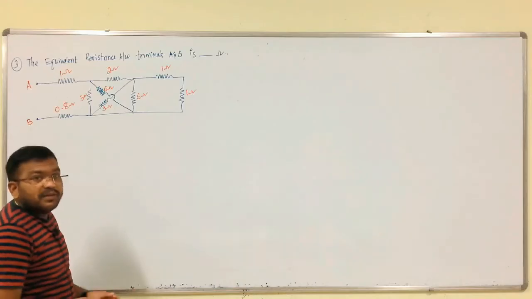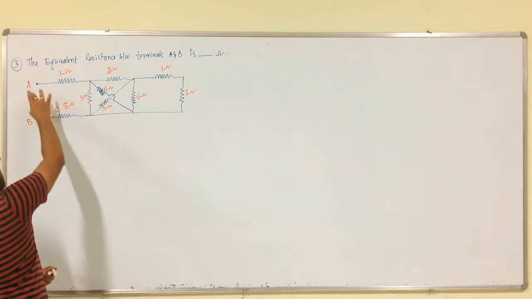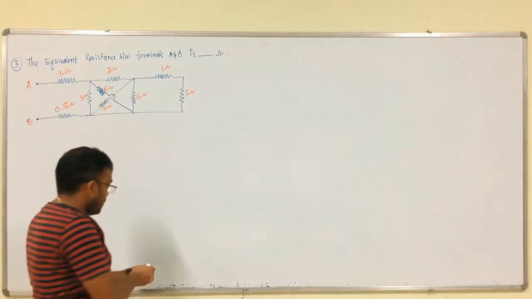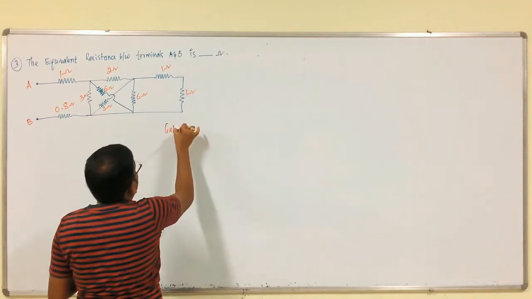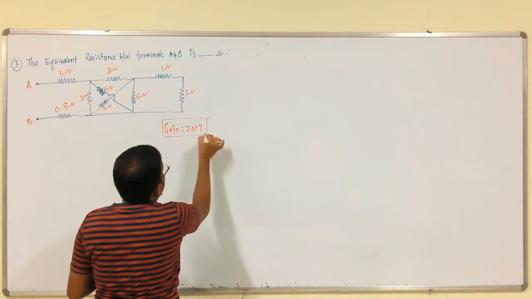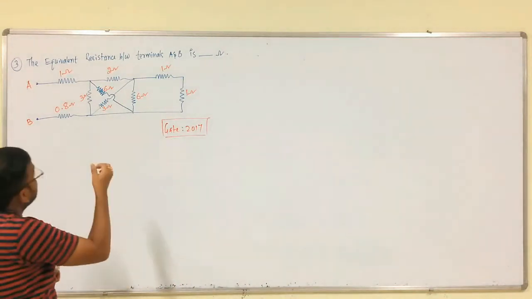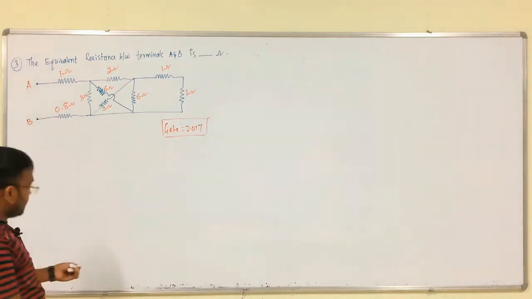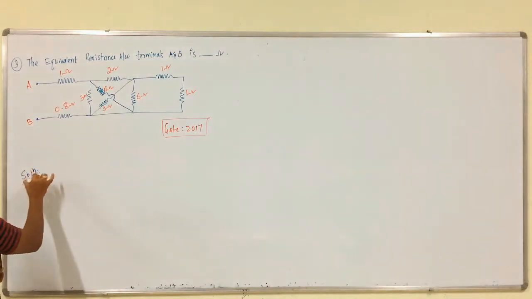Next problem: the equivalent resistance between terminals A and D we have to calculate. This is a GATE 2017 problem. We have to calculate the equivalent resistance between these two terminals.